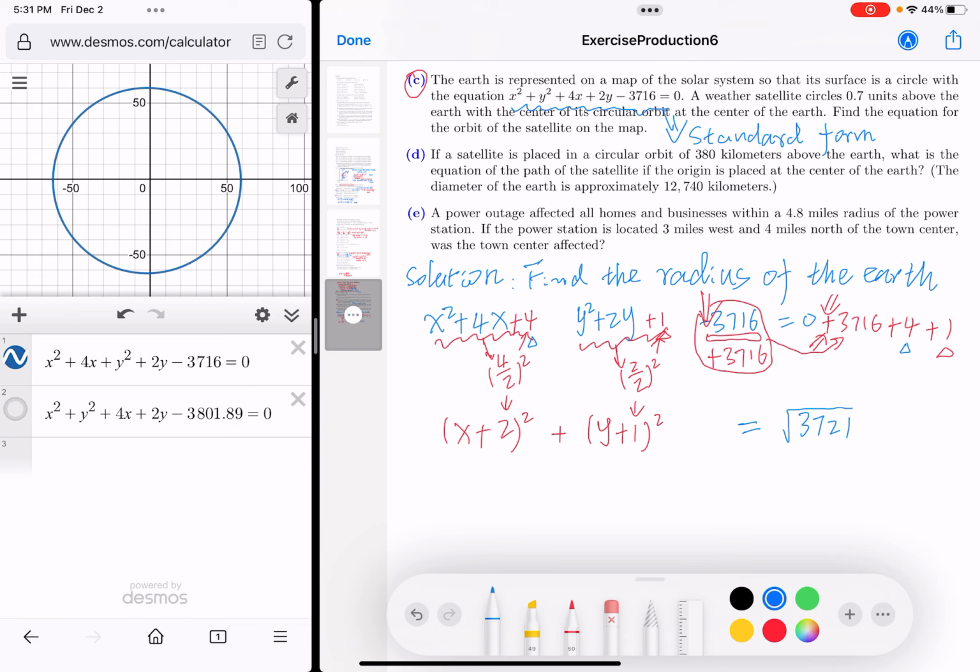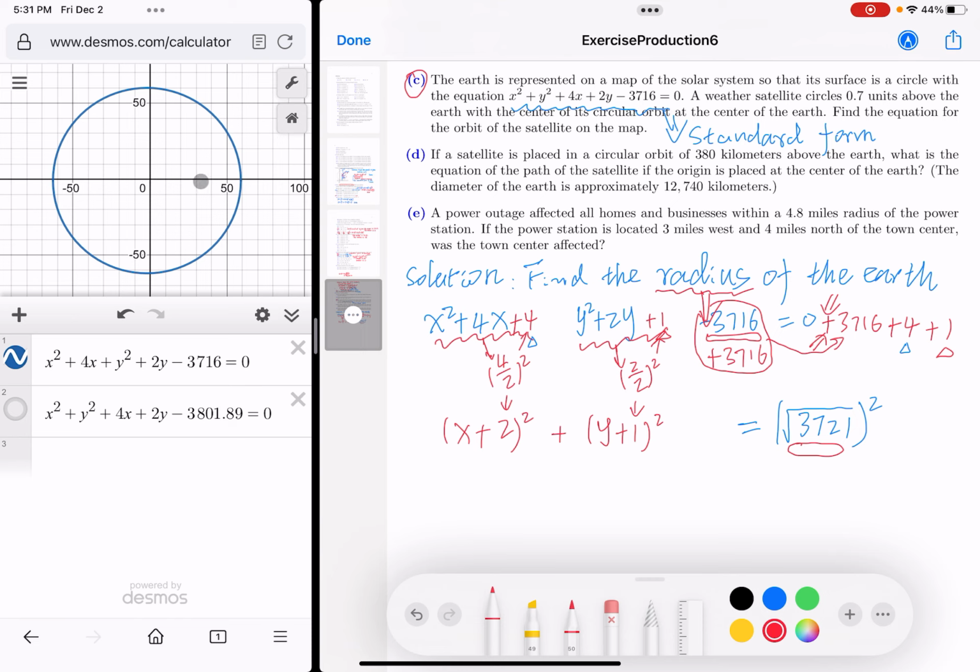That will be our radius. So basically, what is the radius of the Earth? That will be this one. That's the radius. So basically, the radius from 0 to here. That would be the radius. Okay.